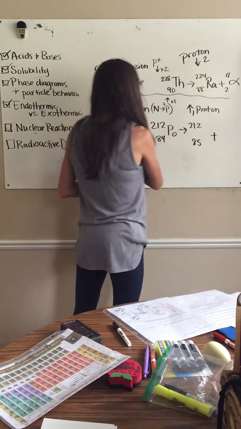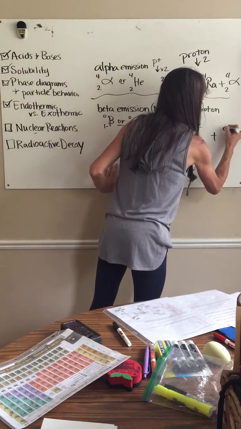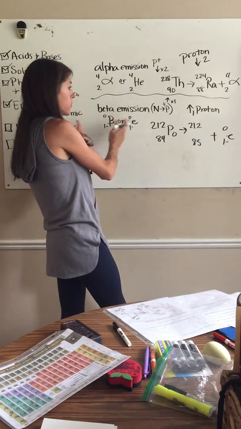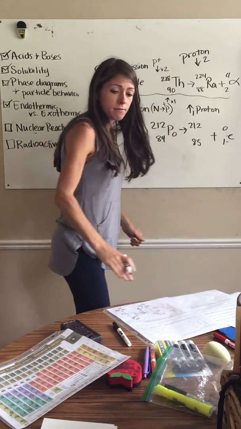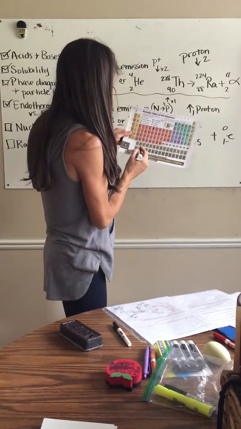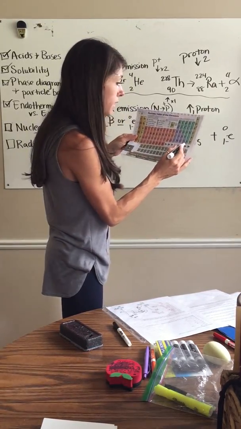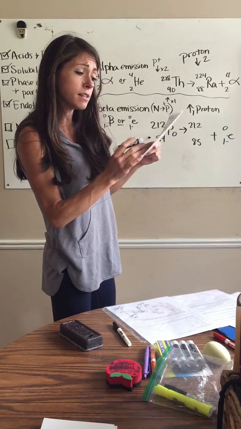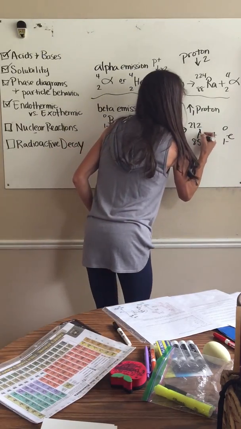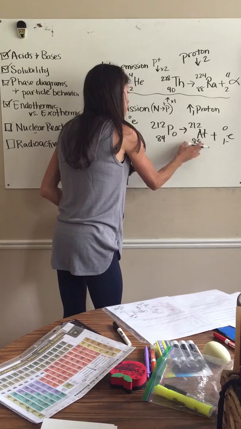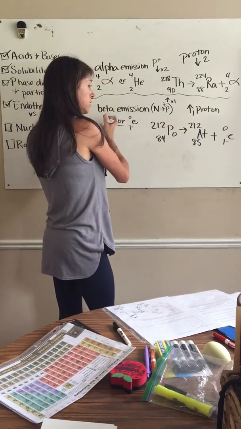This is going to be a beta emission, so I'm going to show that beta particle. I could have written it in either one of these ways. Number 85, what's that on the periodic table? We find number 85, and it's astatine, At. So this is going to be my new isotope, same mass. Mass doesn't get affected with beta emission.